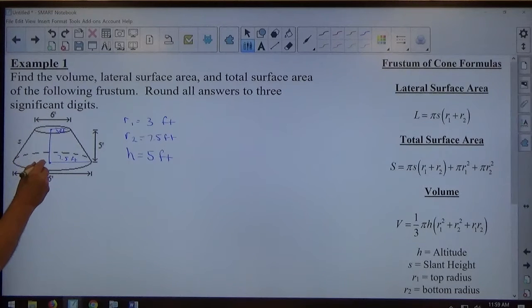Suppose I go straight across, that's 7.5. If I come straight down at a right angle from where the edge of the top circle is, this is 3 feet across here, which matches this down here, which makes this bit here equal to 4.5 feet. This is 5 feet, and this, of course, is S, which we don't know.